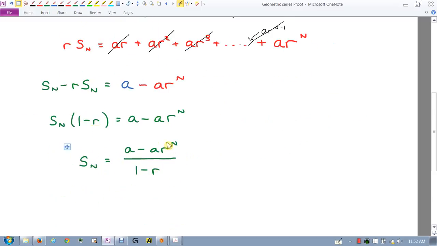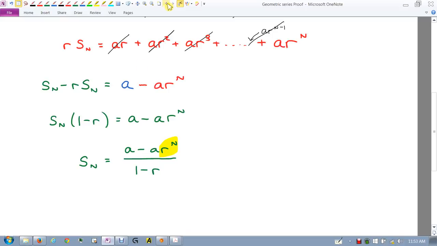According to this, it's just whatever this is. What happens as n gets bigger now? Do we add more junk to this in this expression? All that happens is this one is affected, right? What happens to r to the n as n gets big? It'll depend on r, won't it?